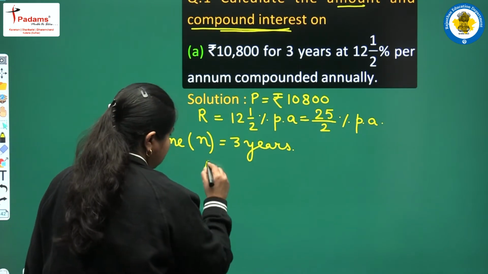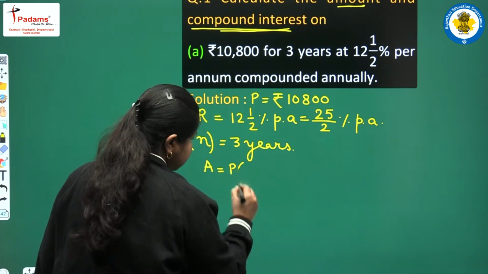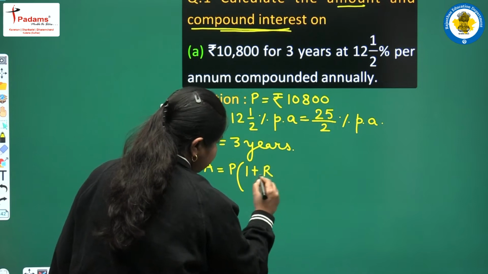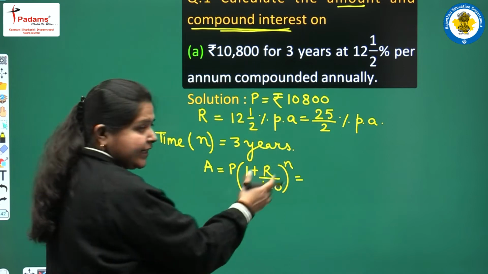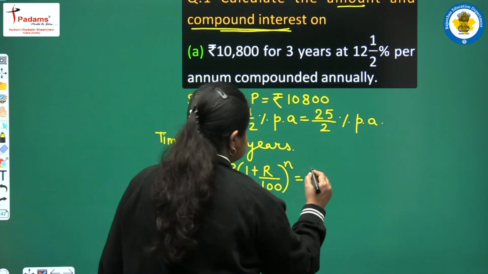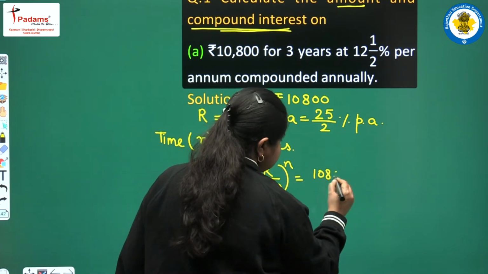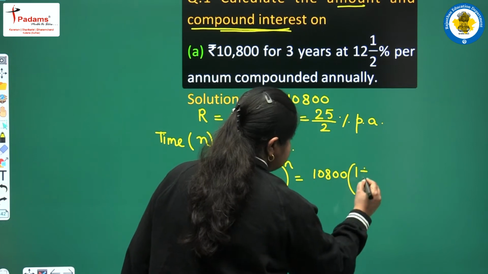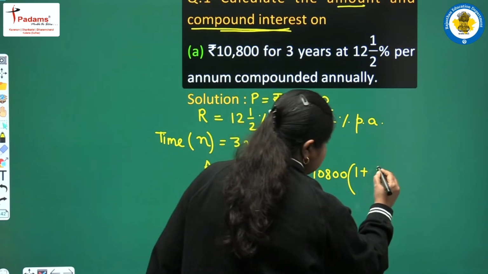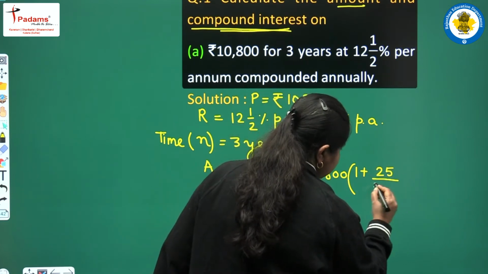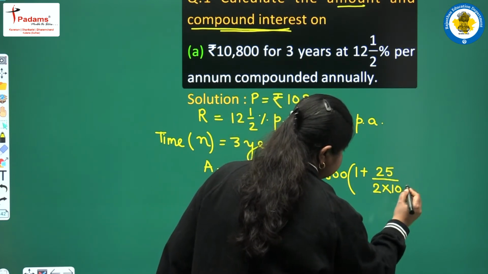We know that amount is given as principal into 1 plus r upon 100 raised to power n. Let us place these values in this formula. This is now 10,800 into 1 plus, in place of r we will put 25/2. So it will be now 25 upon 2 into 100.